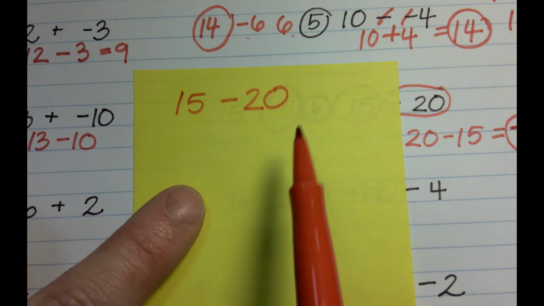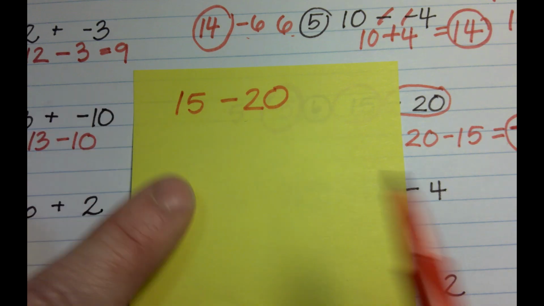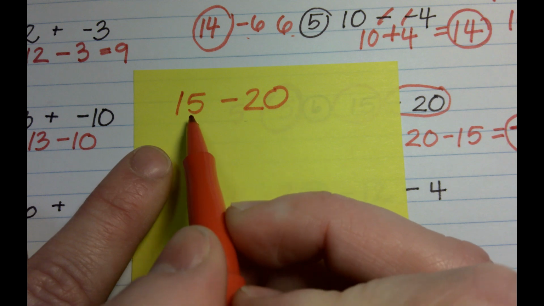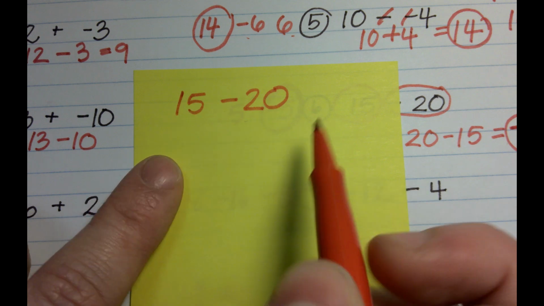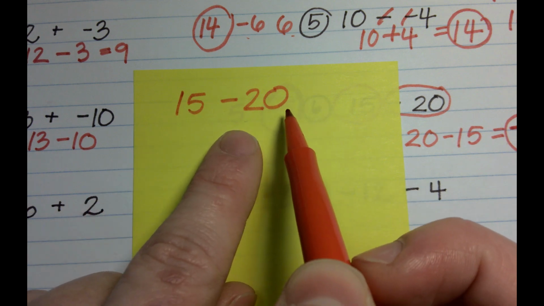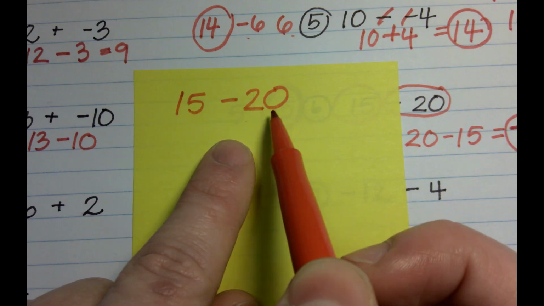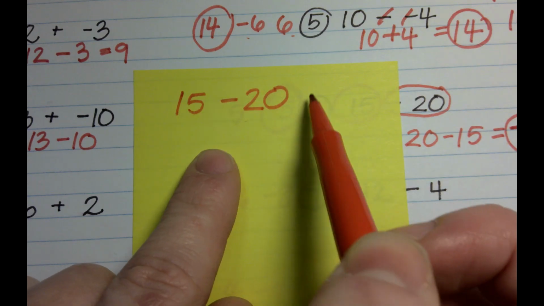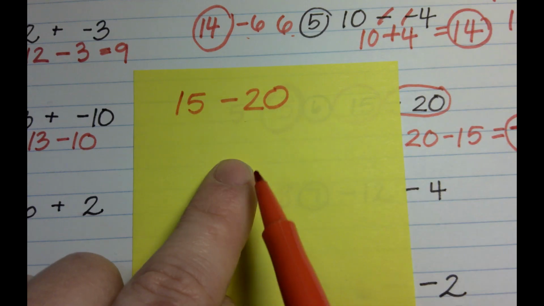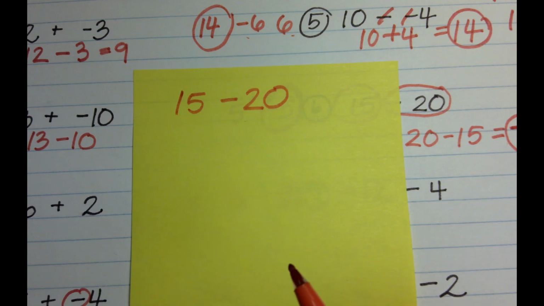What's bigger, 15 or 20? 20. Good. So whenever we are subtracting numbers, and I'm subtracting more than I have, 20 is bigger and it has the negative sign, my answer is going to be negative because I'm taking away more than I have.